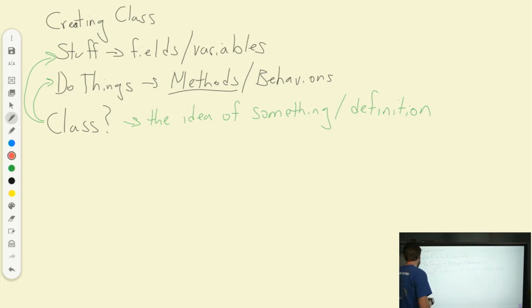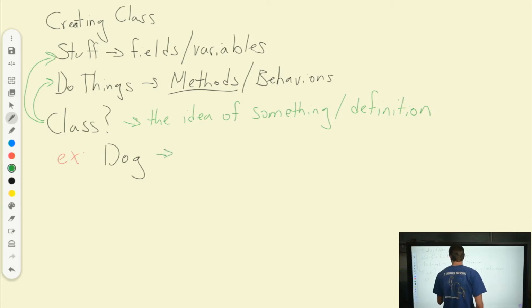For example, let's say I want to create a class that defines what a dog is. So I want to create a class that defines Dog. And our standard convention is to capitalize whenever we have classes. So not dog, but Dog. And my dog is going to have a few things.